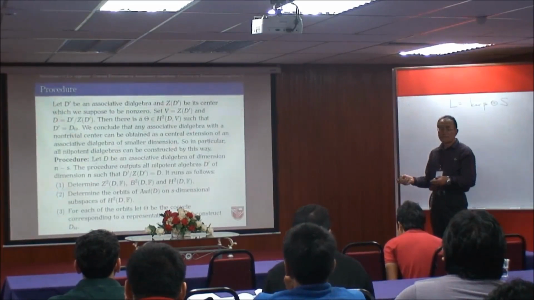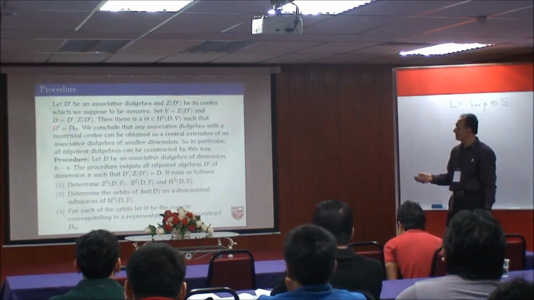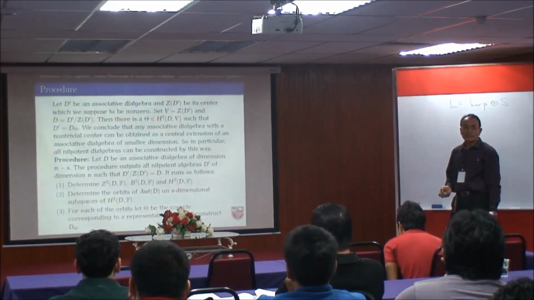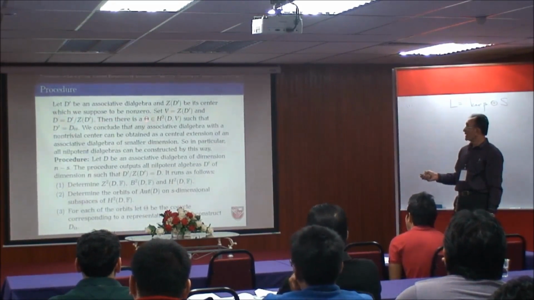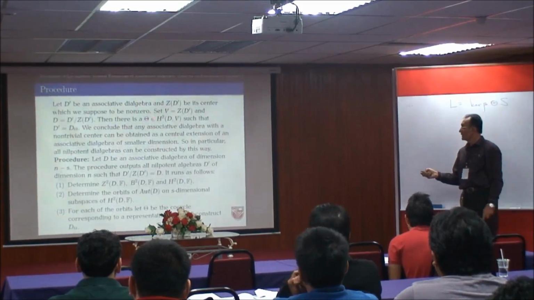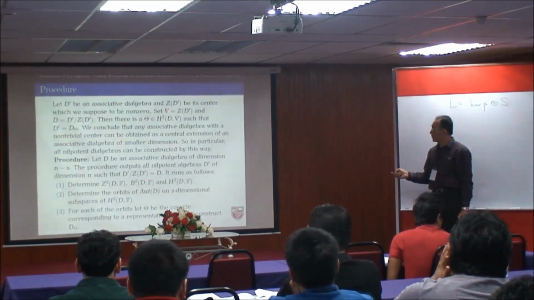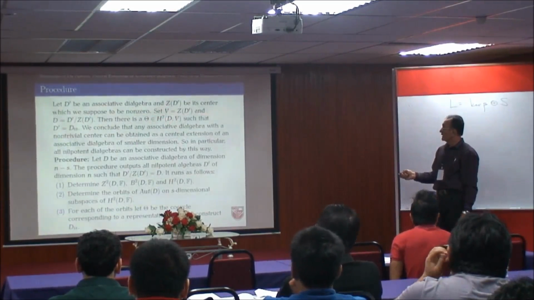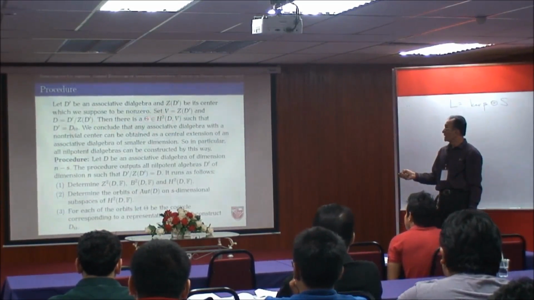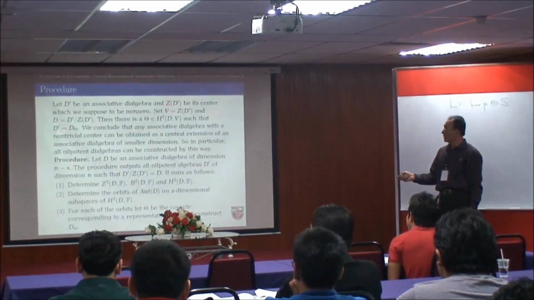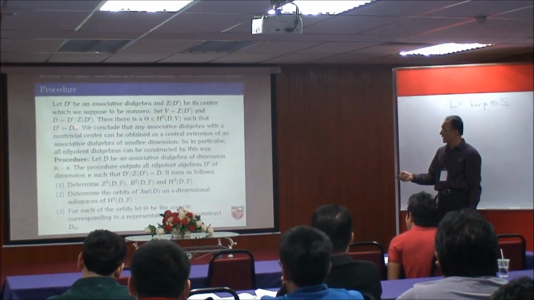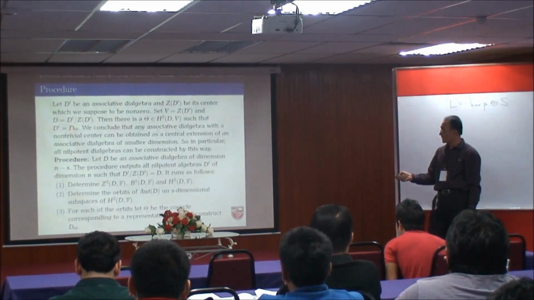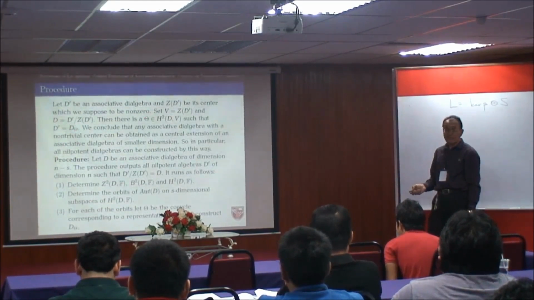This algebra will have dimension much less than the original algebra D prime. So now, if I take a cocycle theta from H2(D,V), I can find such a cocycle that D prime can be generated as a central extension of D by using this cocycle.